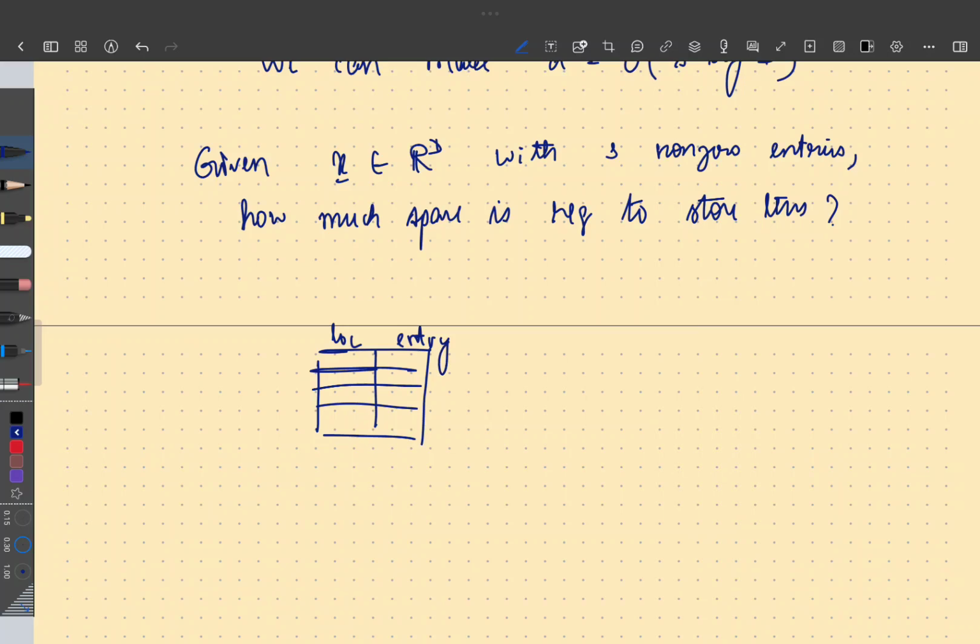To store each entry, you need some constant number of bits, because it's a real value. And to store each location, I need order log d bits. So the total space that is required is order s log d.